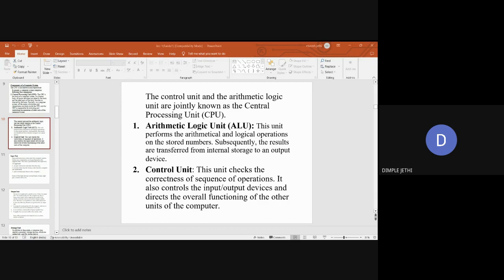If you tell the computer to divide, internally it will divide using addition only. So internally it can perform only arithmetic or logical operation. That is why this is called ALU. So this was just a revision of your fourth unit, that is processing unit.